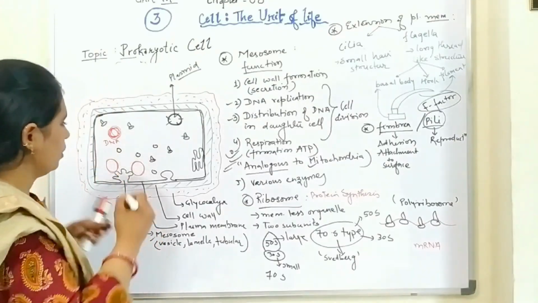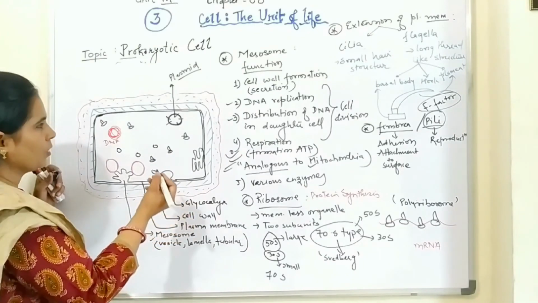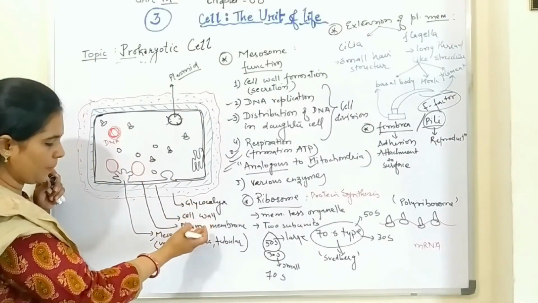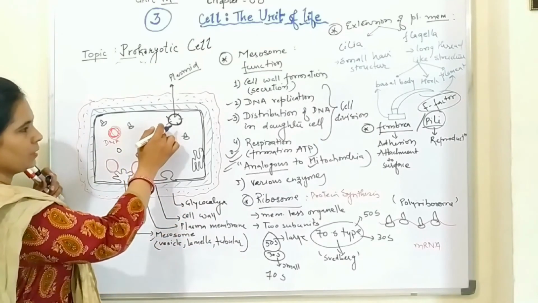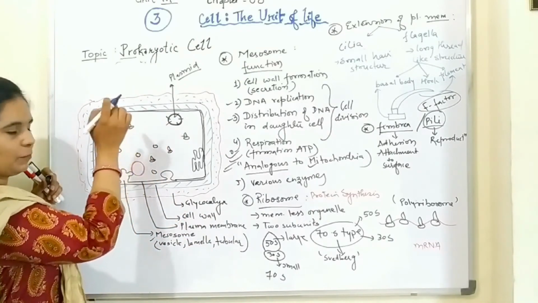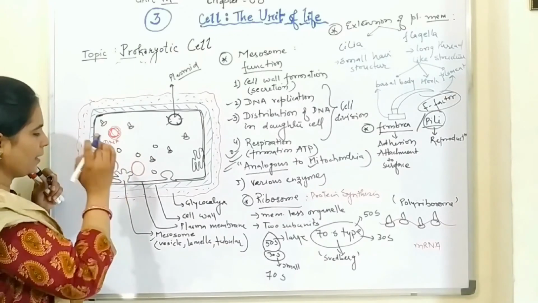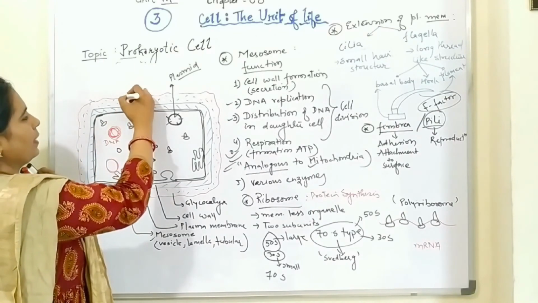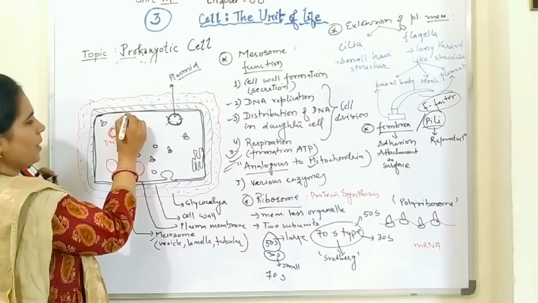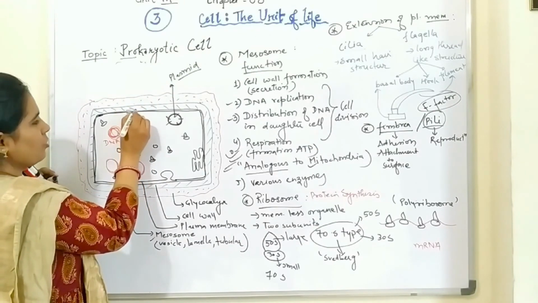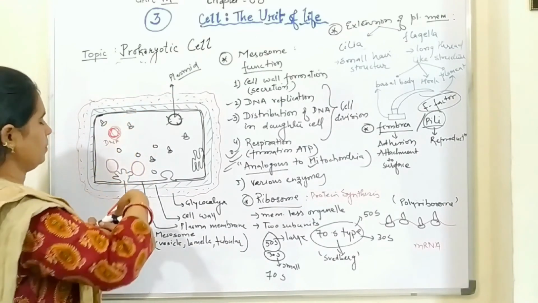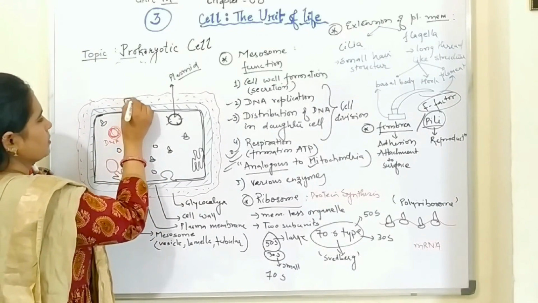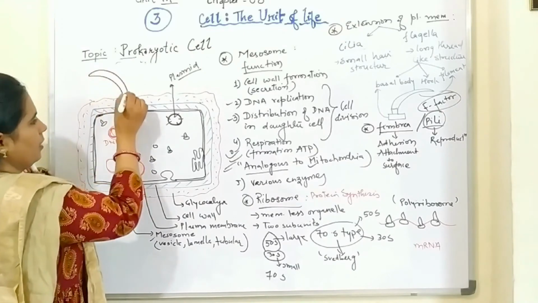So you can see the diagram. You have seen glycocalyx outermost, cell wall, plasma membrane, mesosome. This is the plasmid, ribosome, DNA and the other structures. Now you will see here that this is the plasma membrane and the extension of plasma membrane. Let me use the pen. The extension of plasma membrane is the flagella.